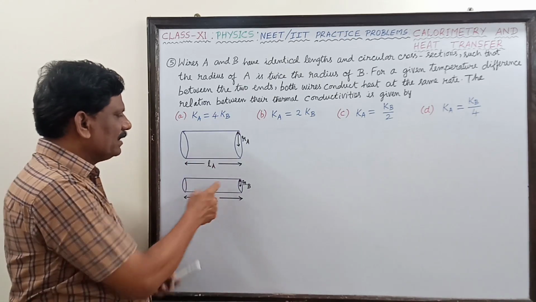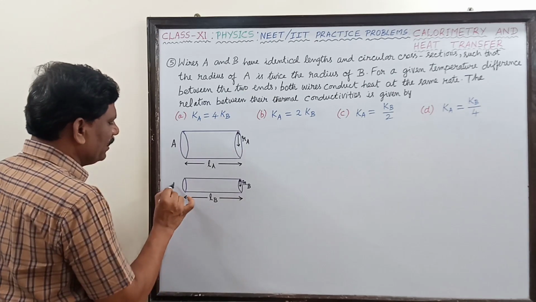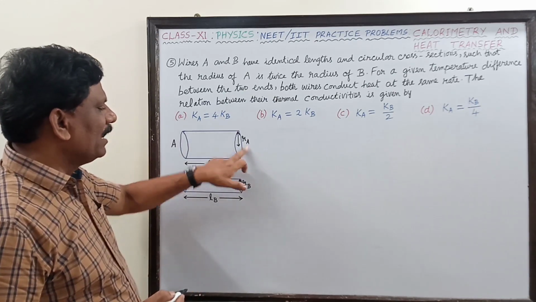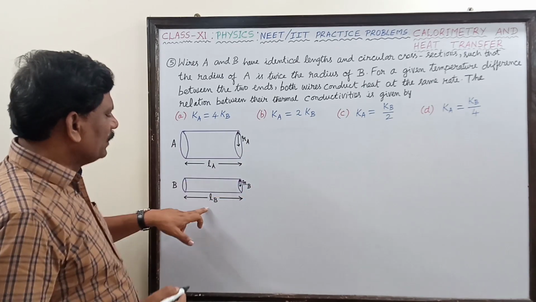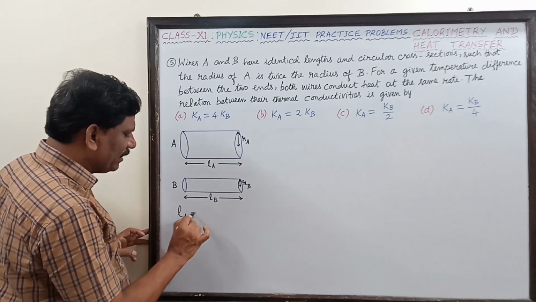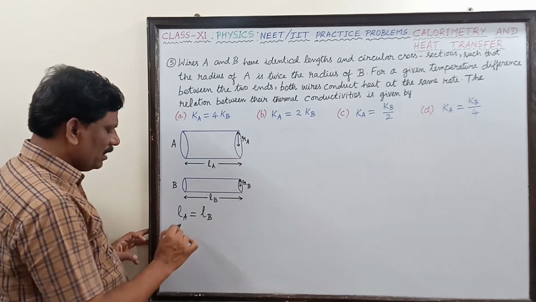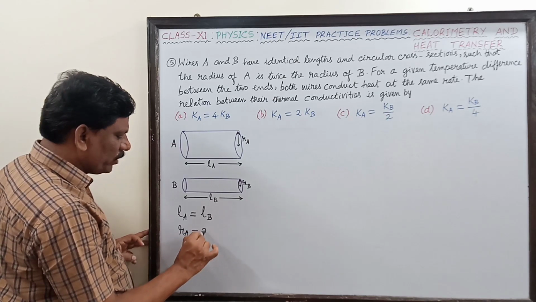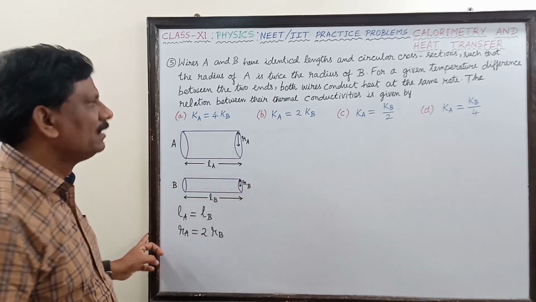So two wires are given. One wire is A and the other wire is B. The radius of the thicker wire is RA and the thin wire is RB, and both have the same length. So I can write LA, length of wire A, is equal to length of wire B. And the radius of wire A is twice the radius of wire B. It is given like this.